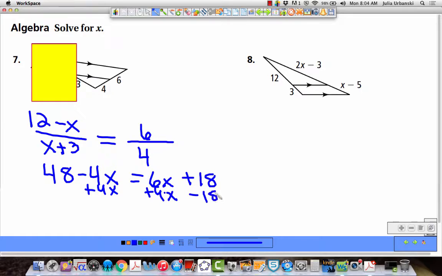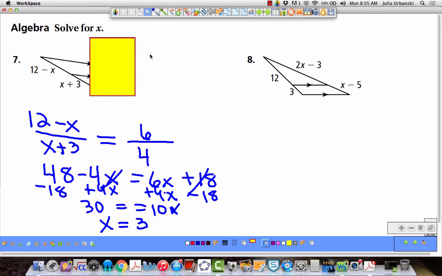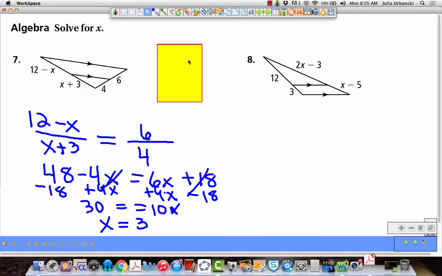Subtract 18 from both sides. Cross off, cross off. 10x equals 30. x equals 3. Are we done, or is there more to do? Done. The question says solve for x, so in that case we can stop.